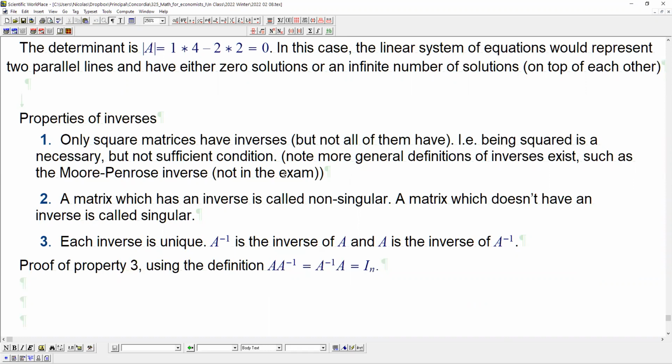Much of the time in mathematics, when you want to show that something is unique, you say, let's imagine it's not. Let's start with two different things that have the same property and show that in the end these two things must be the same. So assume that A has two inverses, maybe distinct, maybe not: B and C.